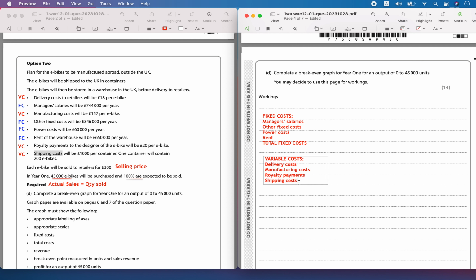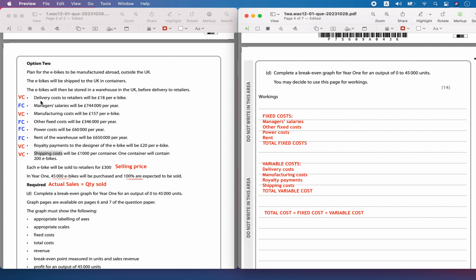Then you will have to calculate the total variable cost, and then the total cost, which is equal to fixed cost plus variable cost. Now let's put in the values.